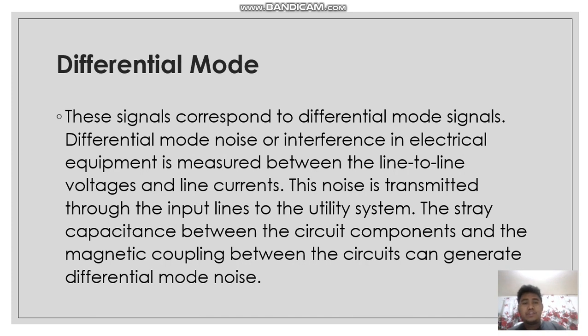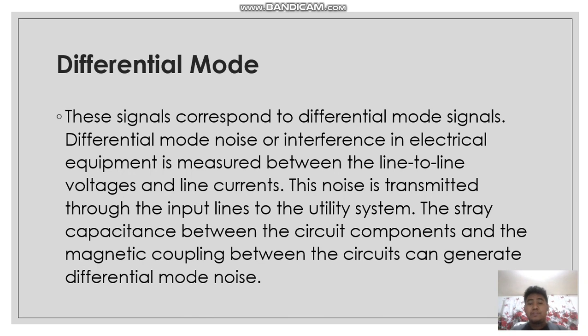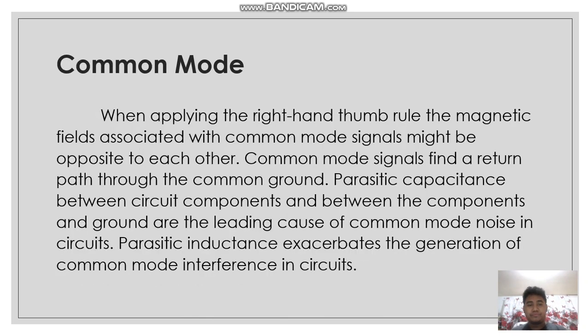Differential mode noise is interference in electrical equipment measured between the line-to-line voltages and line currents. This noise is transmitted through the input lines to the utility. The stray capacitance between the circuit components and the magnetic coupling between the circuits can generate differential mode noise.